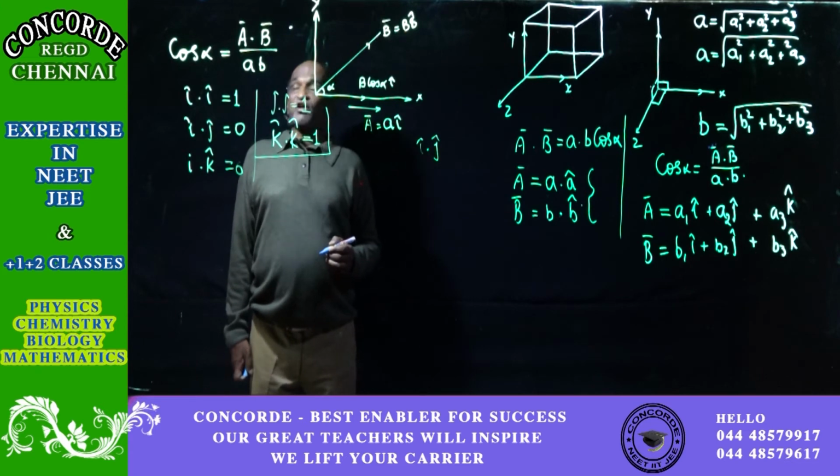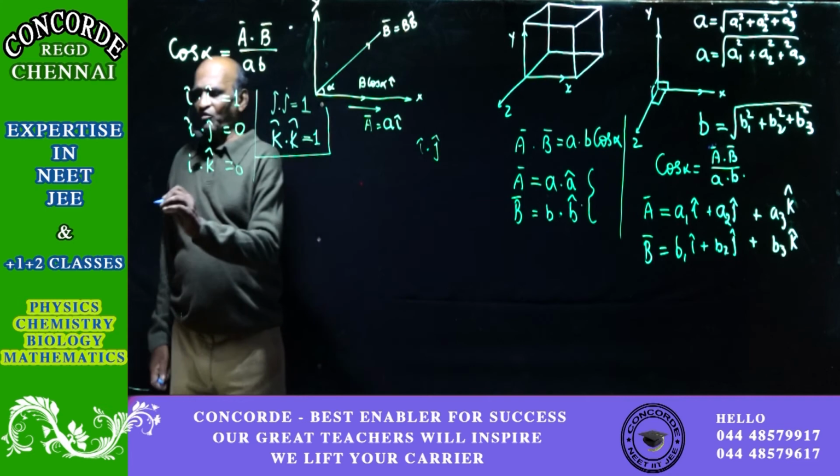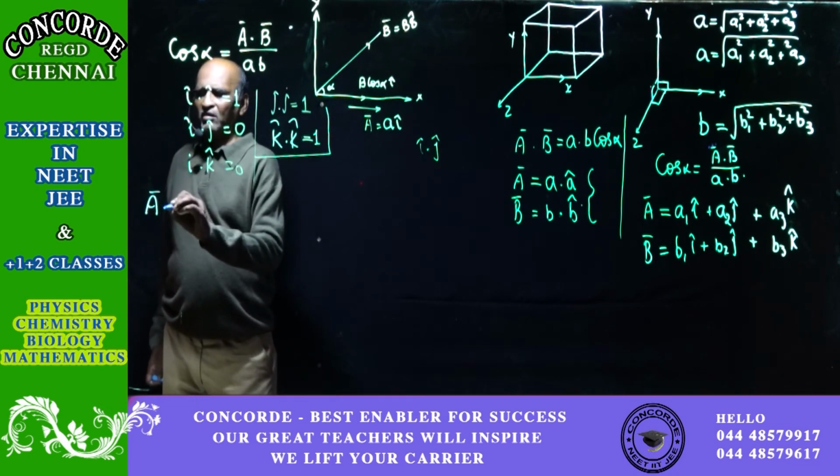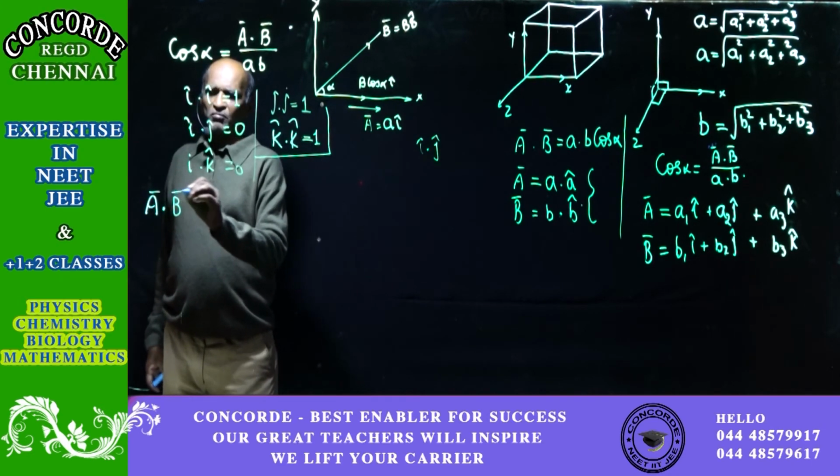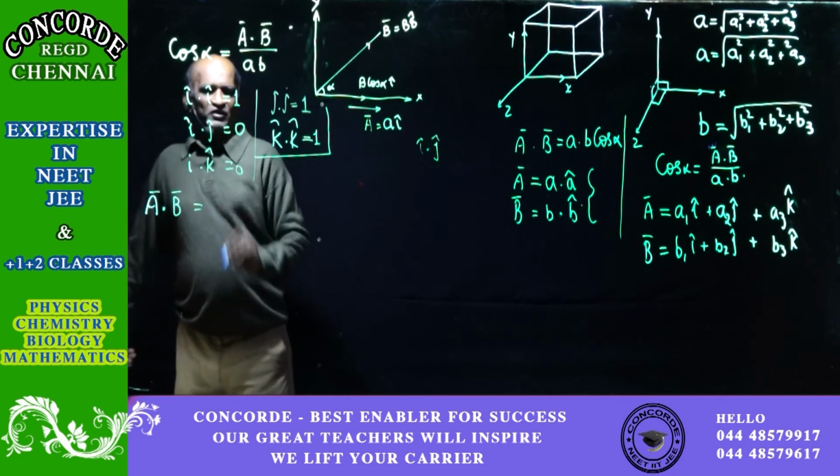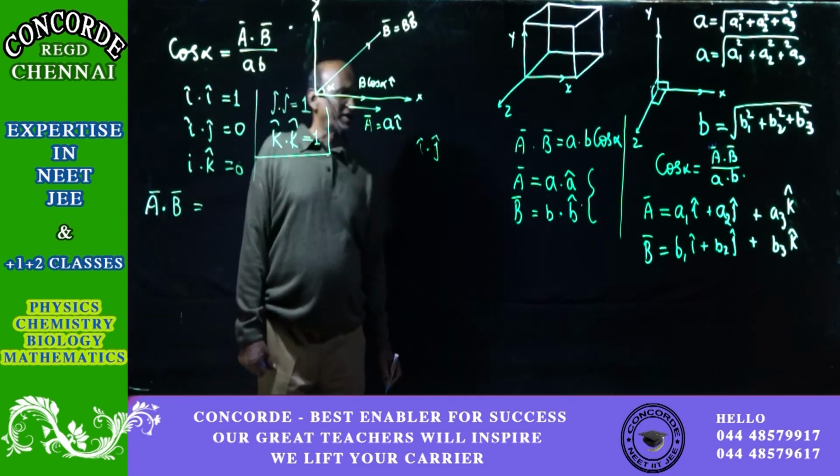But we have not yet come to the end. We need to find out what is A dot B bar. So it will be equal to, now put the value of A bar that we have studied earlier.